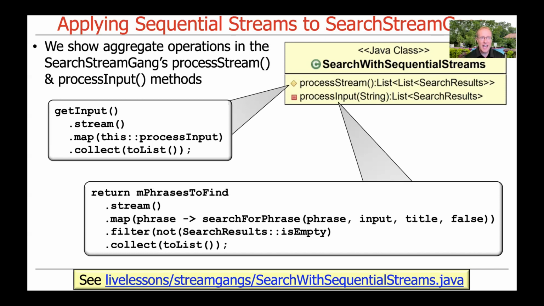And this is a little bit reminiscent of the simple search stream program we looked at before. It's just that we only had one file for that program, and now we have many files, one for each work of Shakespeare. And we also were looking for words in the simple search stream program, whereas now in the SearchStreamGang case study, we're searching for phrases.